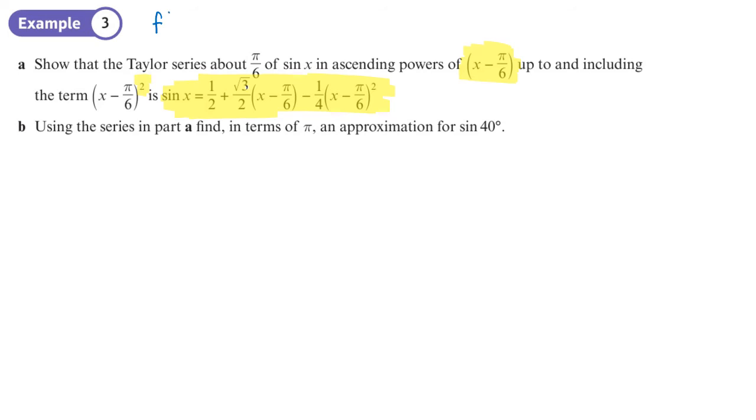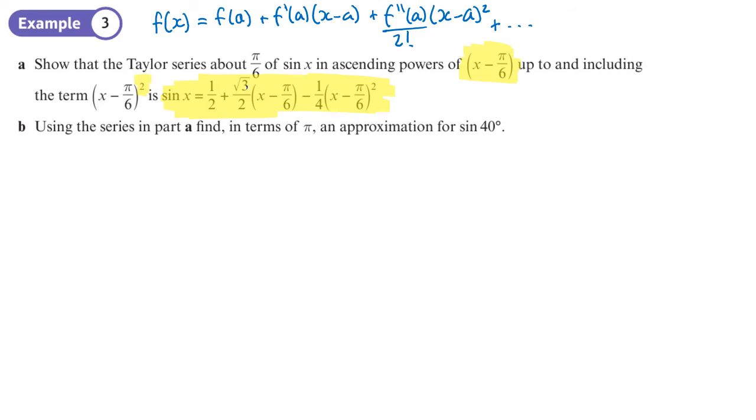So we'll have f of x, the function, can be written as f of a plus f dash of a times x minus a plus f double dash of a times x minus a all squared over 2 factorial and so on. But we don't need to go any further than that in the question.